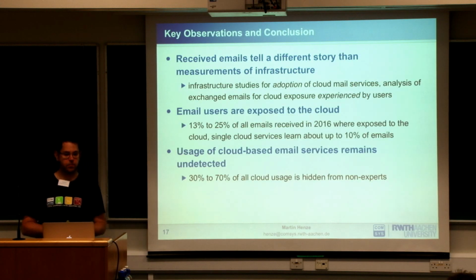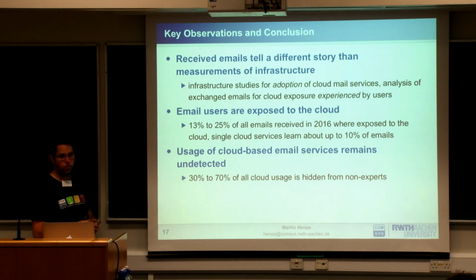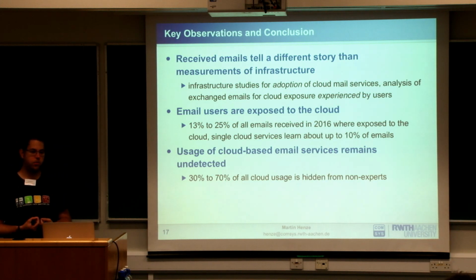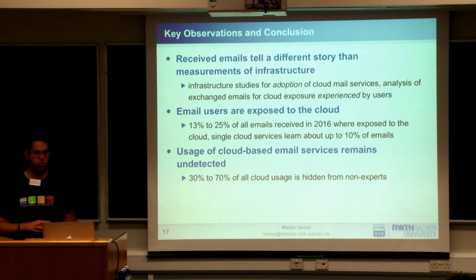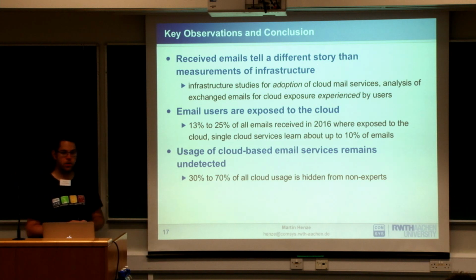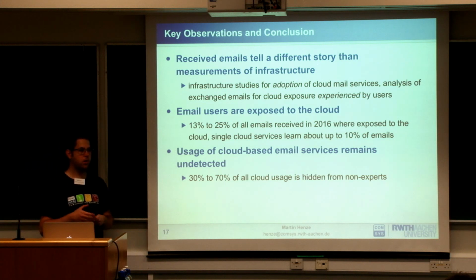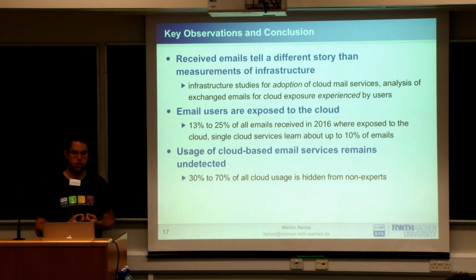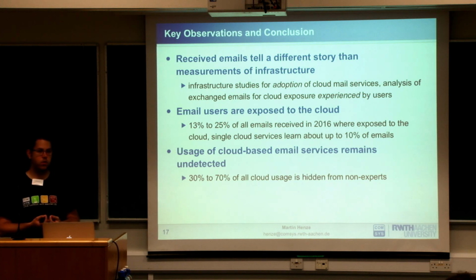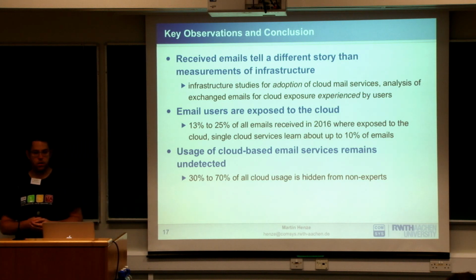Okay, so some key observations and a conclusion. If you look at received emails, you see a different story than when you just make active measurements of infrastructure. The infrastructure study is good if you want to see how adoption of cloud email services looks on an infrastructure level. But when you want to see what the real impact on users is, you need to look at received emails.